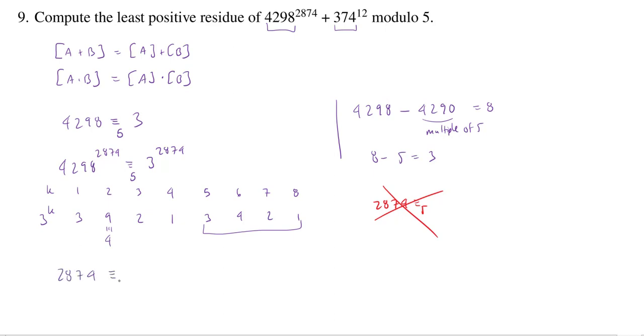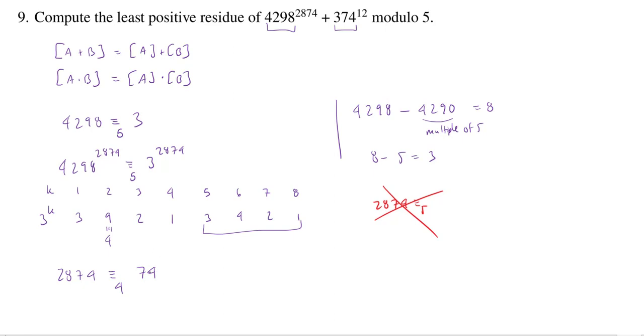2,874 modulo 4. Well, the great thing about doing modulo 4, I can subtract as many copies of 4 as I want. And because 4 goes into 100, I can immediately just subtract 2800 from this. So that's going to be congruent to 74. Now I happen to know 4 is going to go into 72. If I didn't know that, well, let's see. I could get rid of, say, 40, and I'm left with 34.